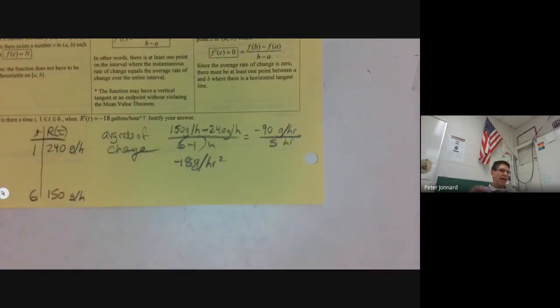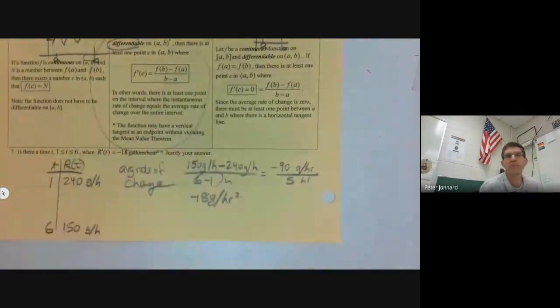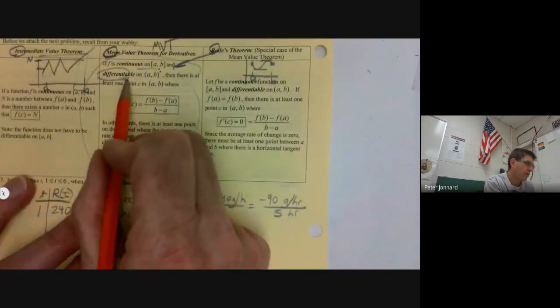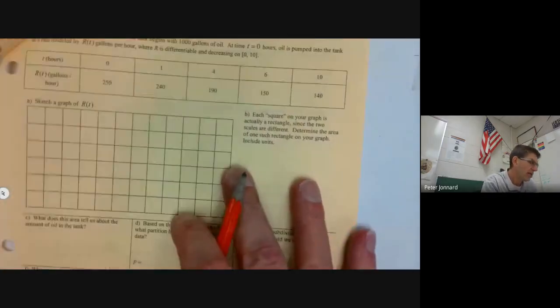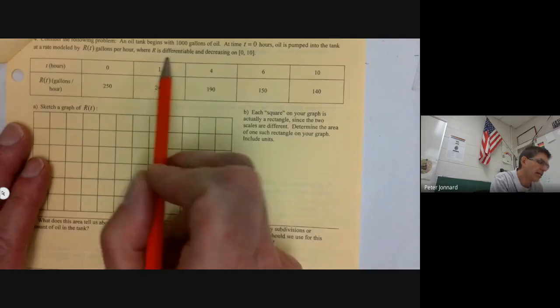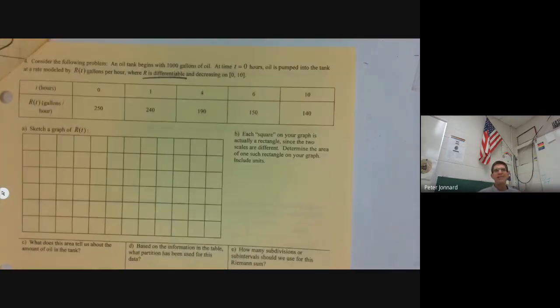So let's look back and see if this function meets the hypothesis of the mean value theorem. It says it must be continuous and differentiable. What did it say about this function? It has 1,000 gallons of oil, and it said that it's differentiable. If it's differentiable, it must be continuous.